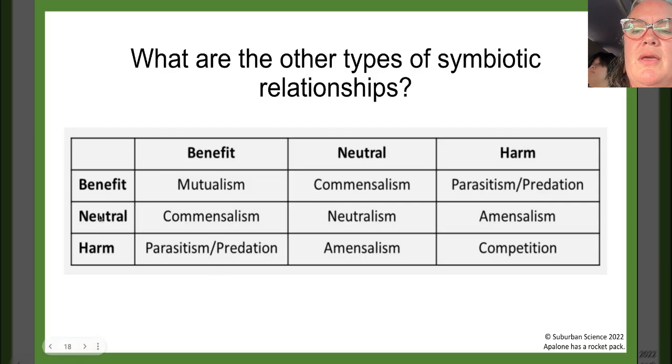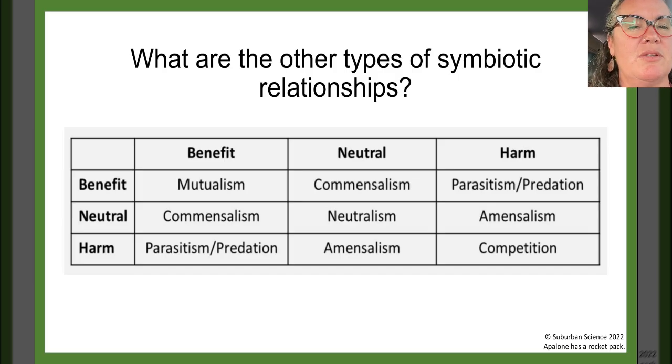So think about it like picking an organism and looking at one side, the columns and the rows. Basically, if it's a benefit and benefit, we call that mutualism. If it's a benefit and neutral to one, it's commensalism. Or if it's a benefit for one and harm for the other, parasitism. And moving down, neutral and benefit.